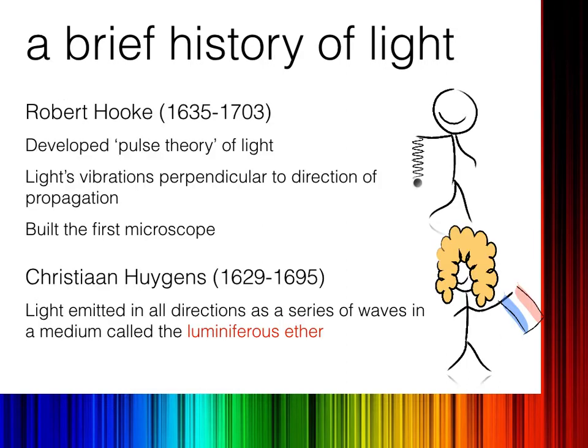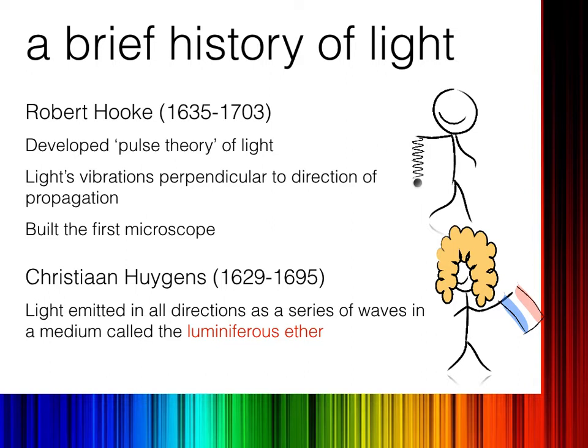So a contemporary of Newton was Hooke. Hooke was equally as good as Newton, but got something of a bad press by Newton. You've probably all heard of Hooke because of Hooke's law, which I think you still do at GCSE with a spring. But Hooke was convinced that light was a wave, and the oscillations of this wave, he says, were perpendicular to the direction of propagation, which is remarkable when you consider the age.